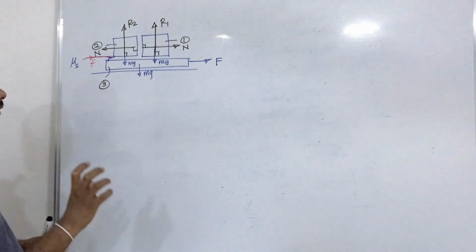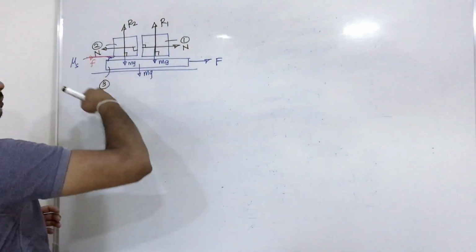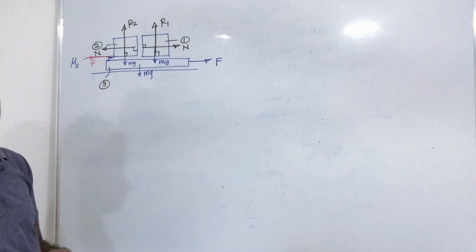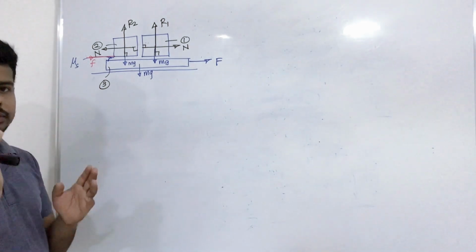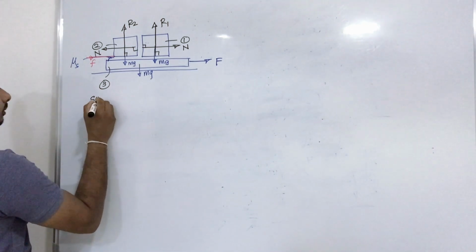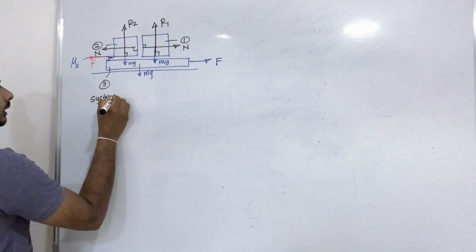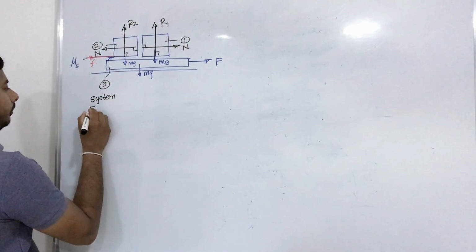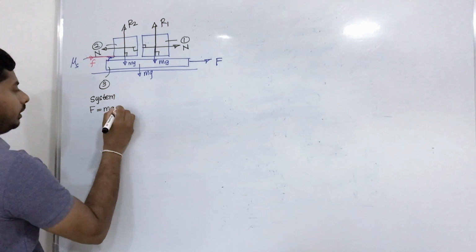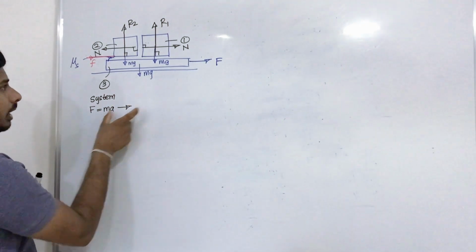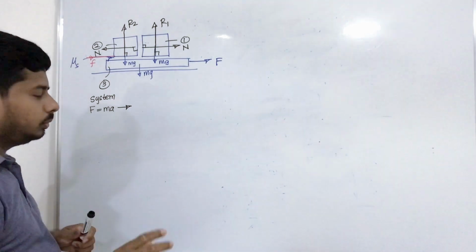So first of all, when a force is applied on a mass, definitely there should be an acceleration according to Newton's second law. So what we'll do is, first I will consider the whole system, which means all three objects, and I will apply F equals ma in the right hand direction. So better to apply F equals ma in the direction of the force.